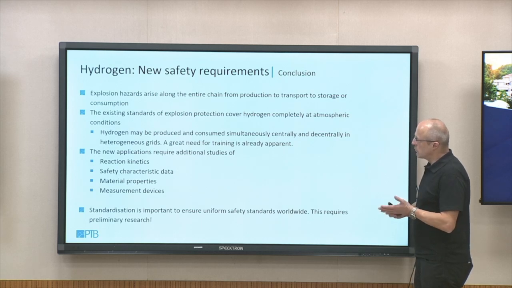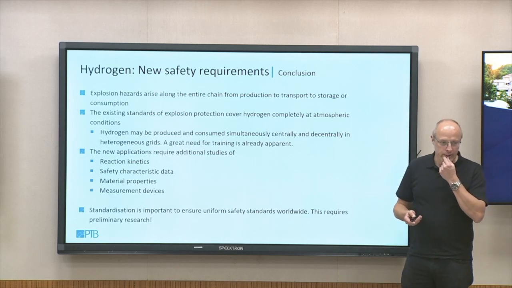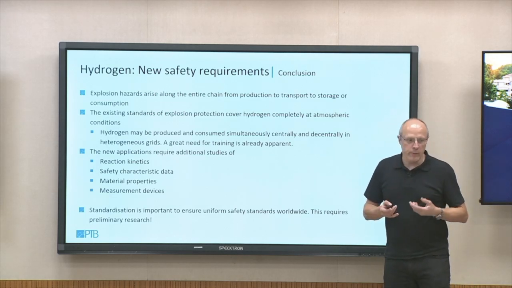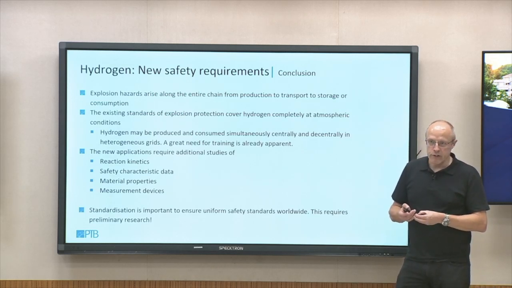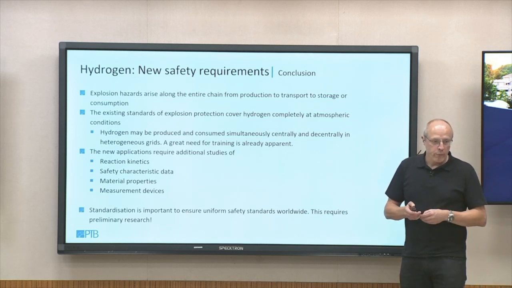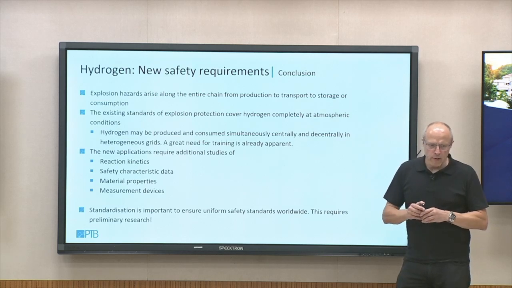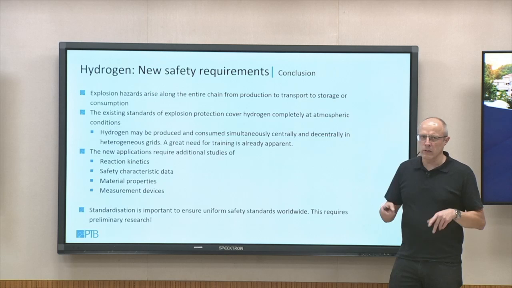So when we want to deal with hydrogen, we have new safety requirements, and we have to handle the problem that we have hazards along the whole hydrogen chain, from production to transport to storage to consumption. The existing standards cover hydrogen completely at atmospheric conditions.